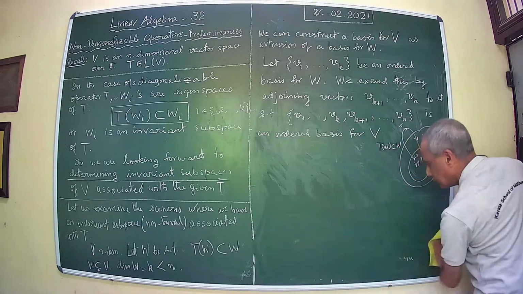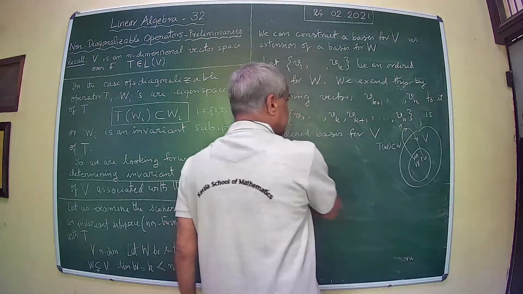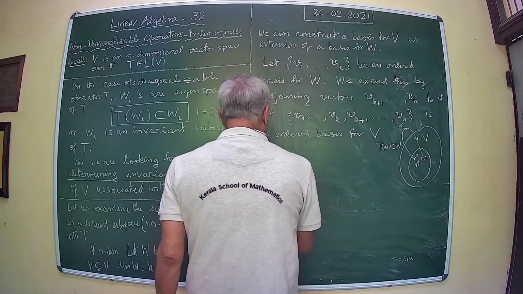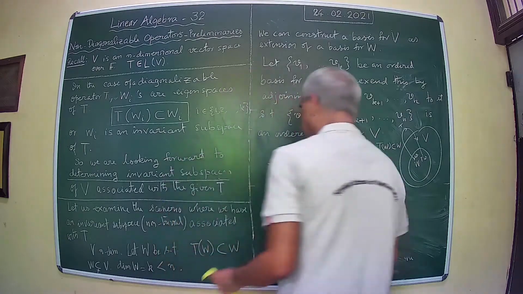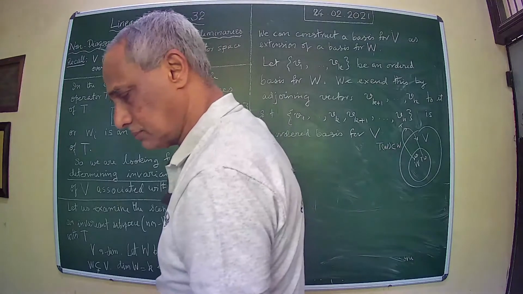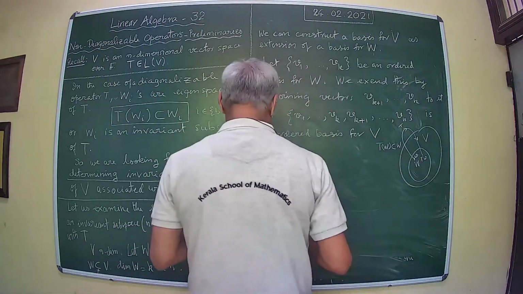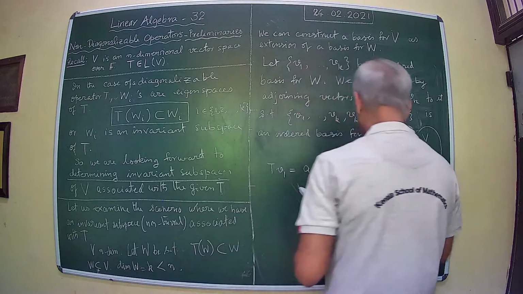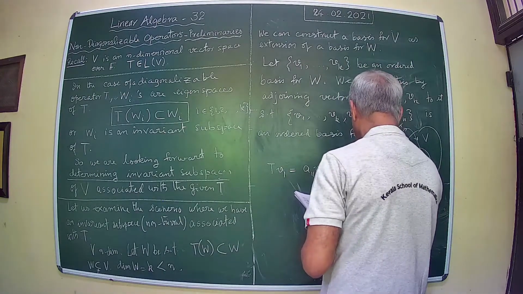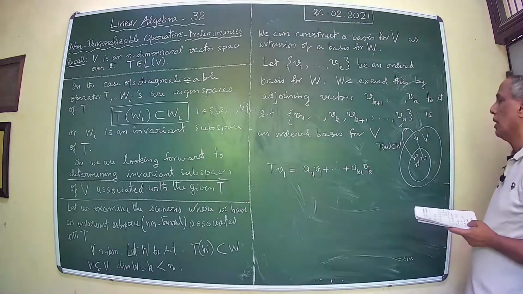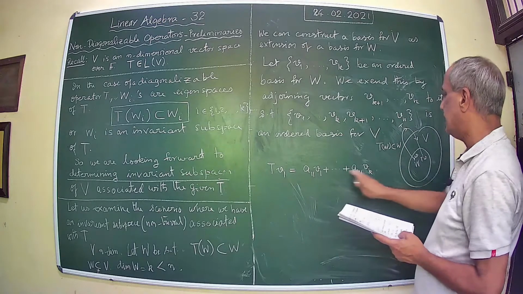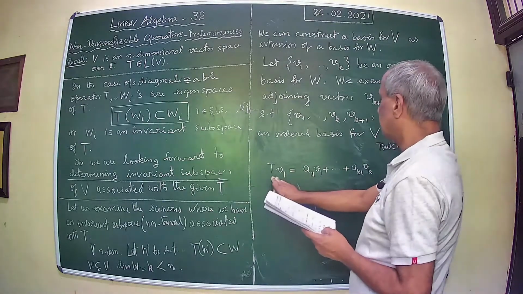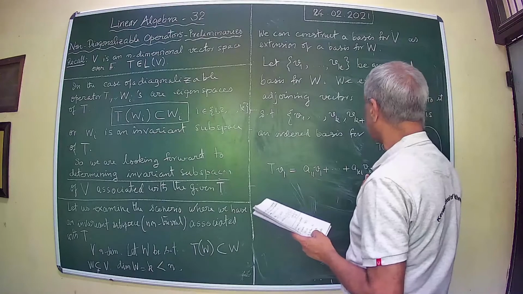Therefore, what do we have? Let us now find out what T does on V1, V2, etc. You know that T V1 is a linear combination of V1, V2, etc. But since this is in W itself, it is a linear combination of V1, V2, etc., Vk only.